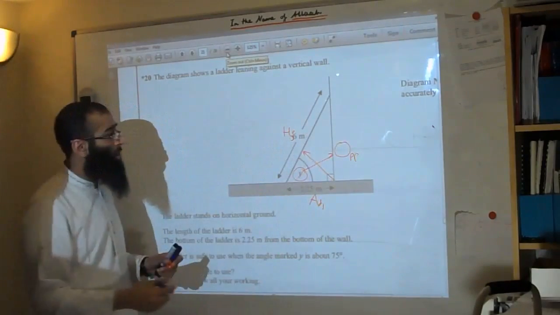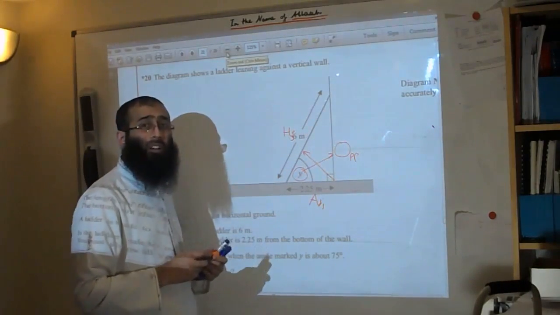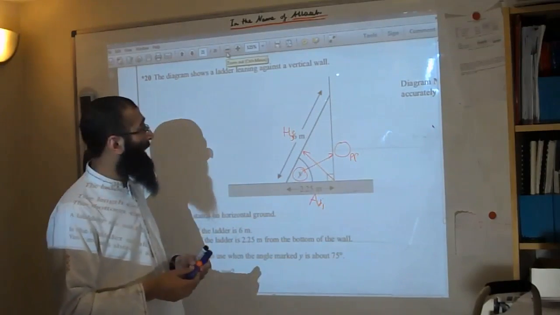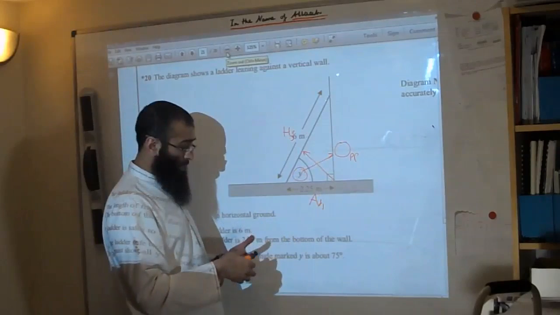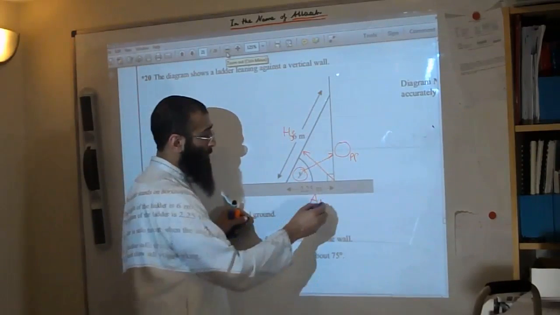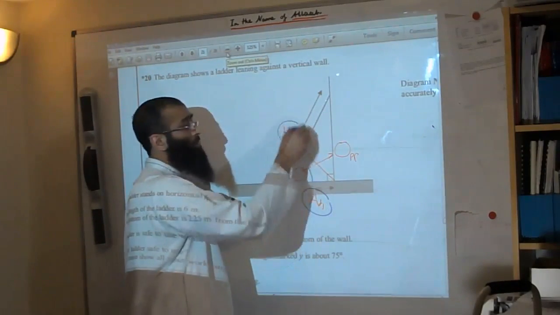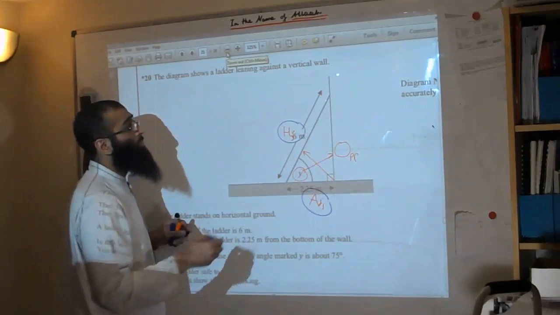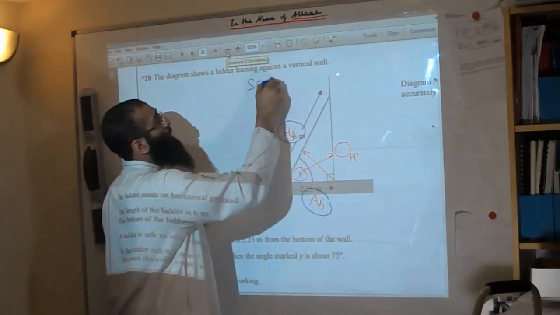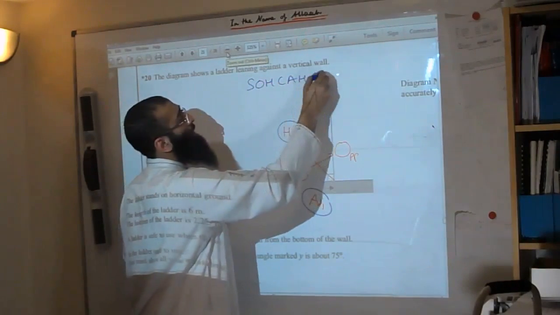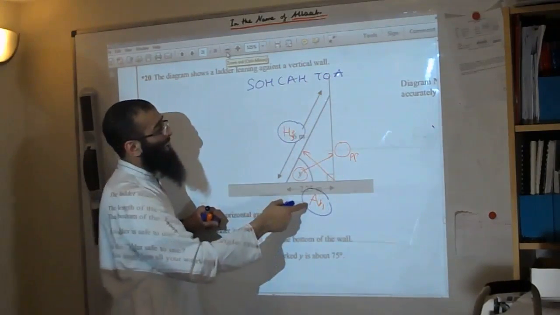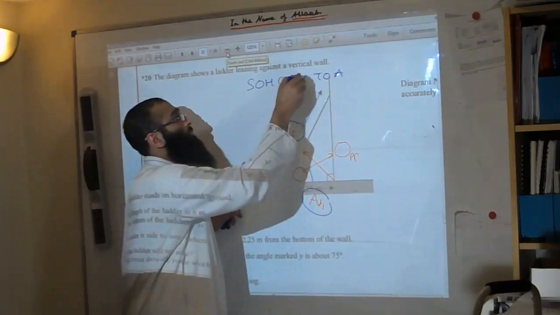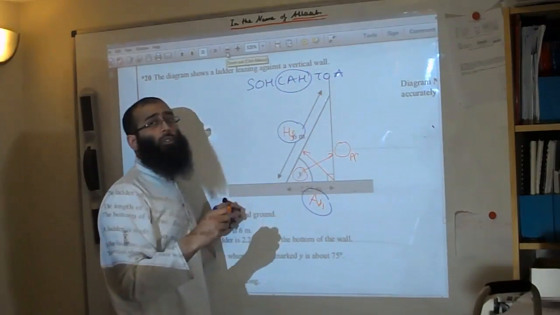Now that we've labelled the triangle properly, we have to look at what identity we're going to use: sine, cos or tan. So now we have to work out the angle, and we know the adjacent and the hypotenuse. For any of you who've done SOHCAHTOA, here's the quick way. Between A and H, which is A, that is the cos.